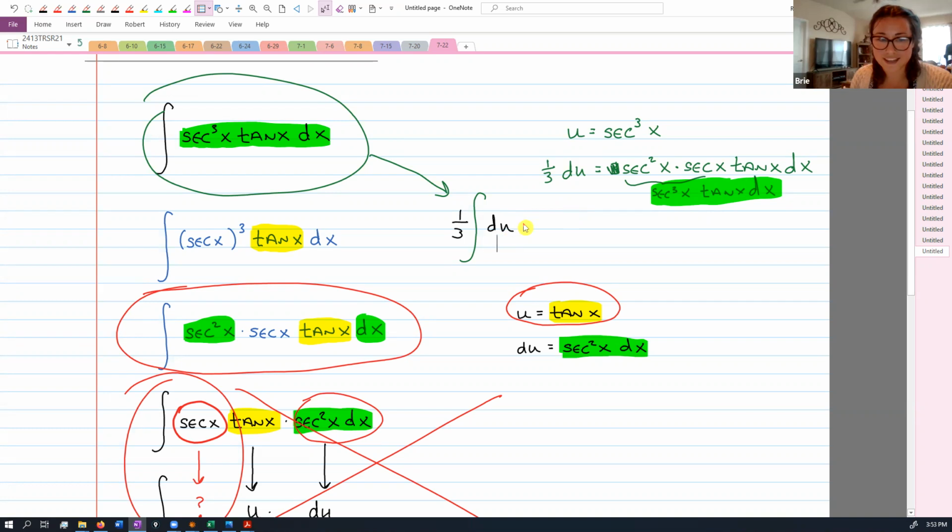Yes, I think. What's the antiderivative of that? I don't know. No, yes, you do. There's a 1 right there. What's the antiderivative of 1 with respect to u? What is it? 2, 1/2?